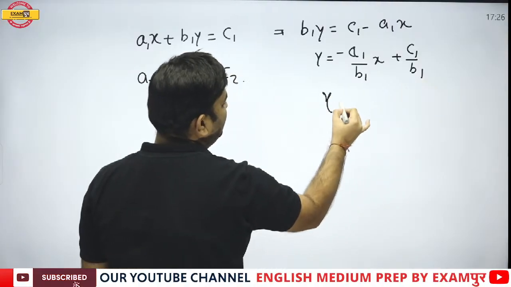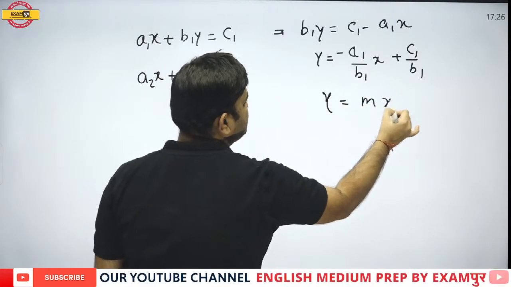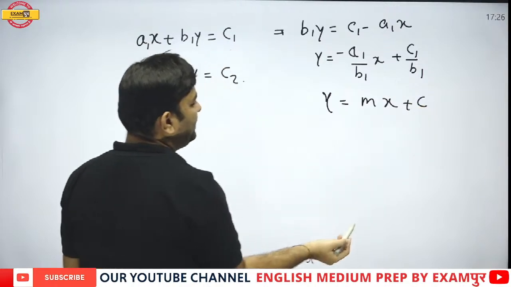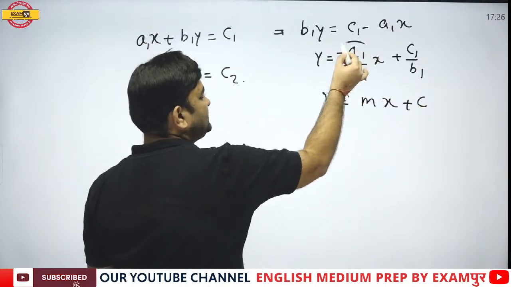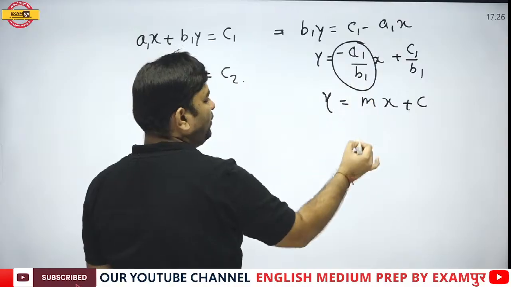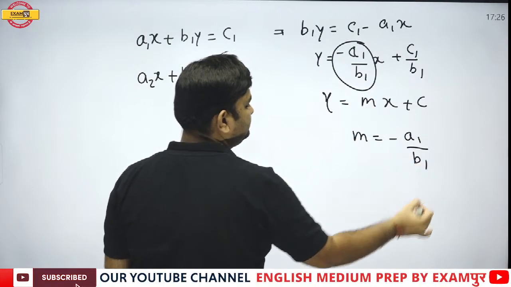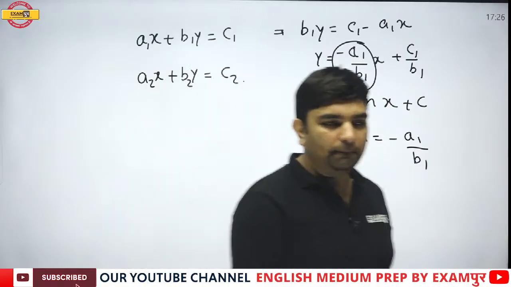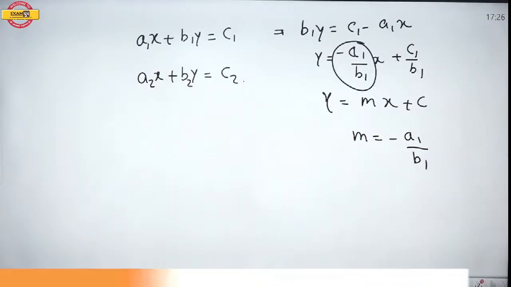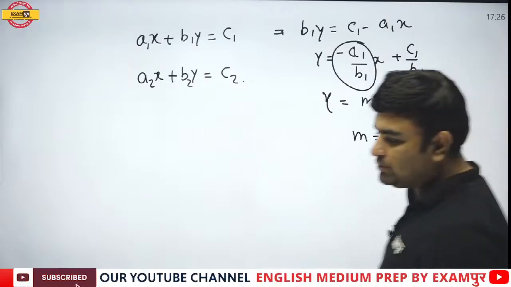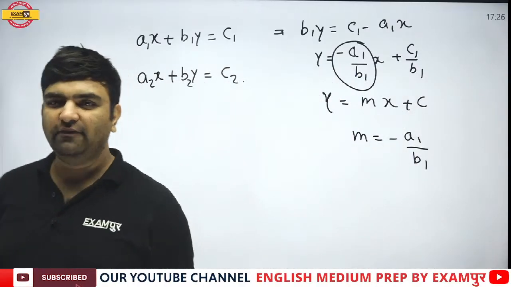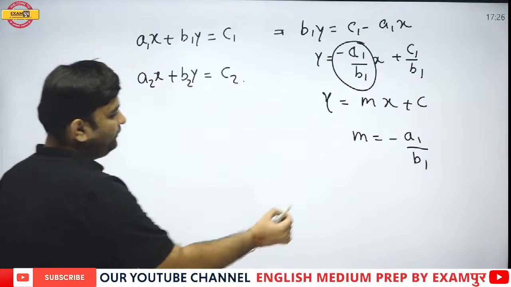On comparing with y is equal to mx plus c, the slope of the line comes out to be minus a1 upon b1. So that is the first line's slope.